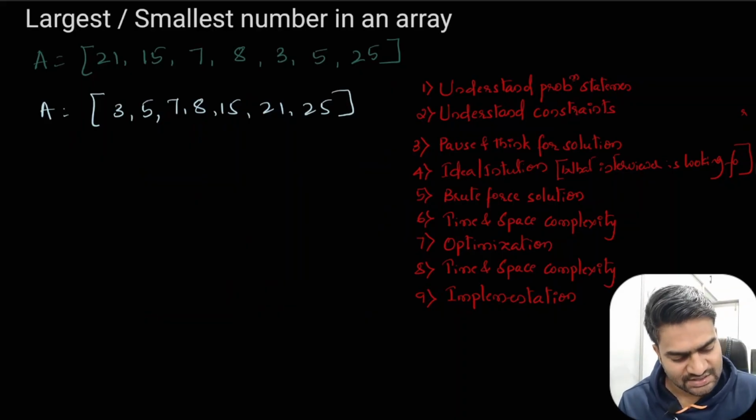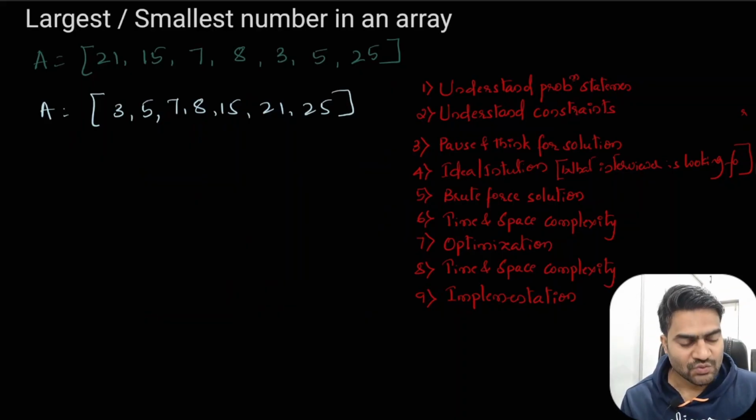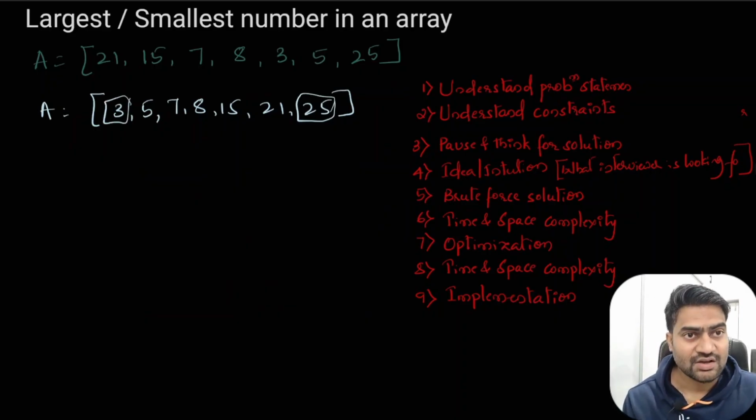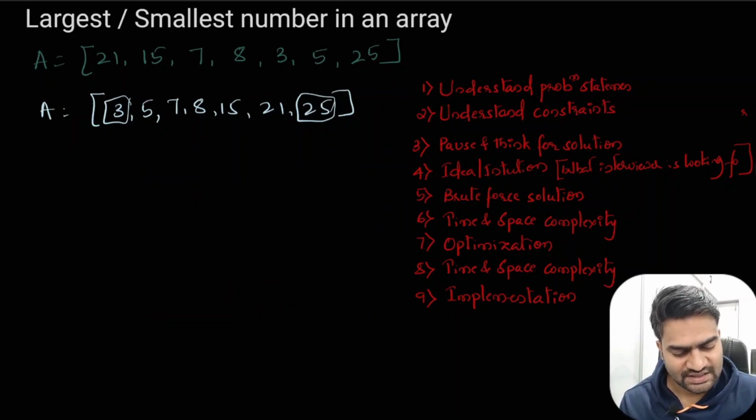If you want the largest number, this will be your largest number. If you want the smallest number, this will be your smallest number. For this example, we will consider the largest number; we can simply modify it a little bit to get the smallest number. Now let us write the pseudocode for this problem.